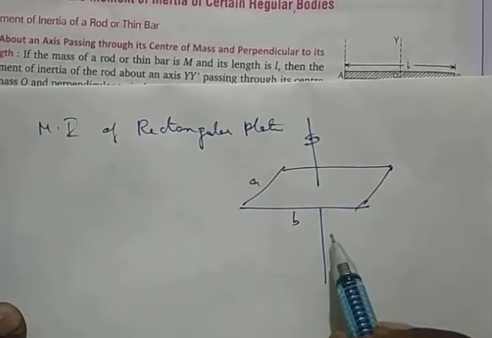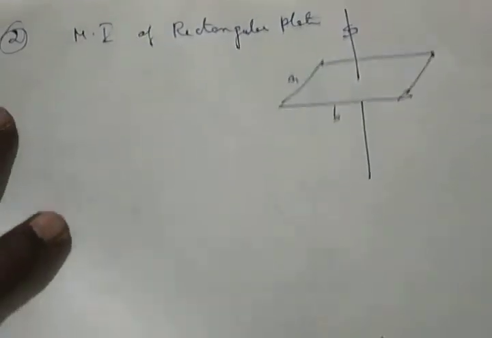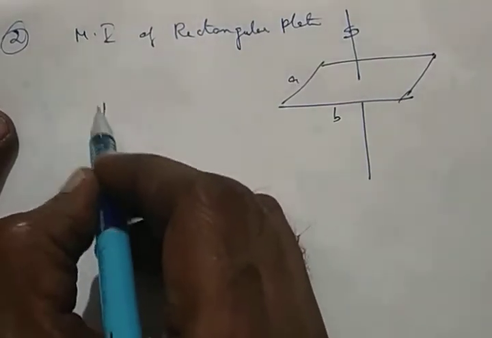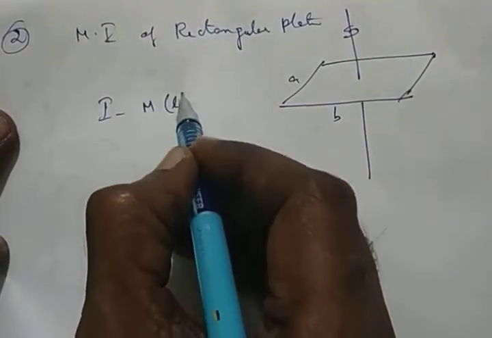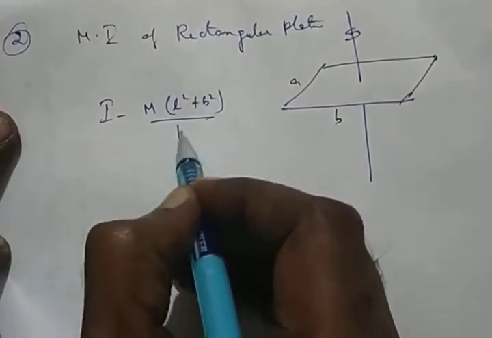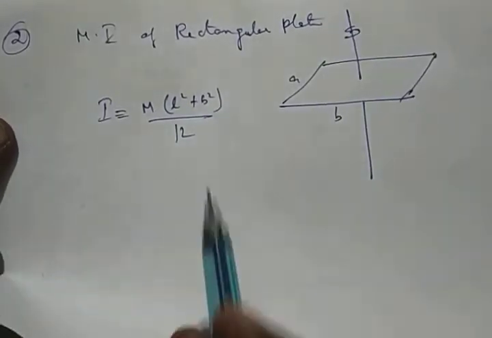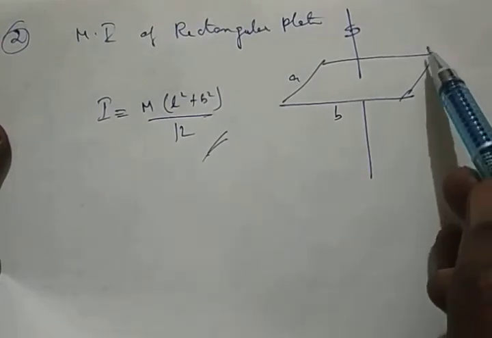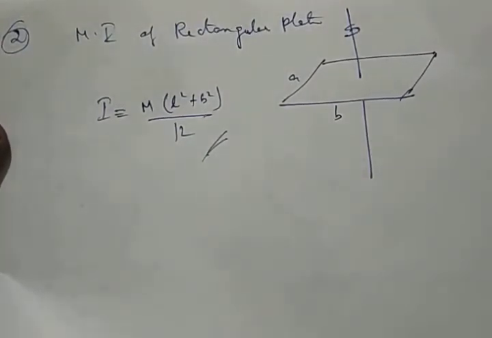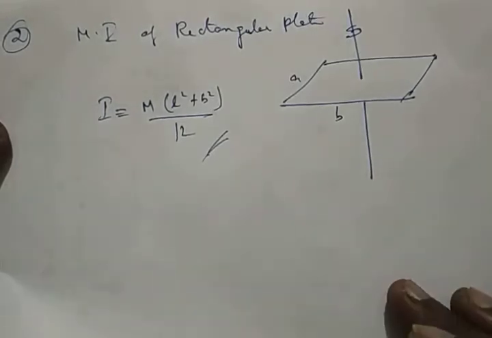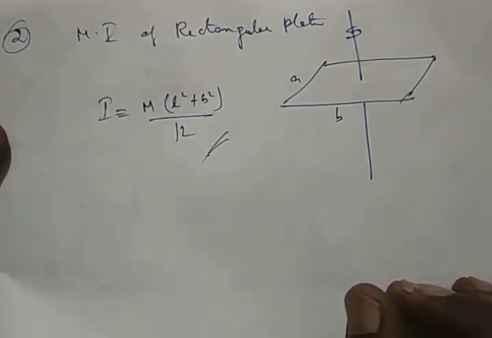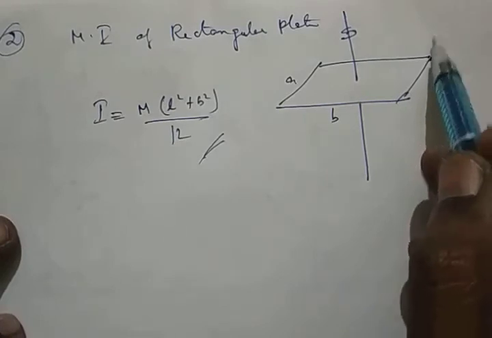This is A, this is B. So how this is measured here is I is going to be equal to m into L square plus B square divided by 12. So that is the trick here. There is nothing else. We are not having any kind of parallel axis theorem here. So you can just leave it here. Even if you wanted to calculate something else, you can try also.